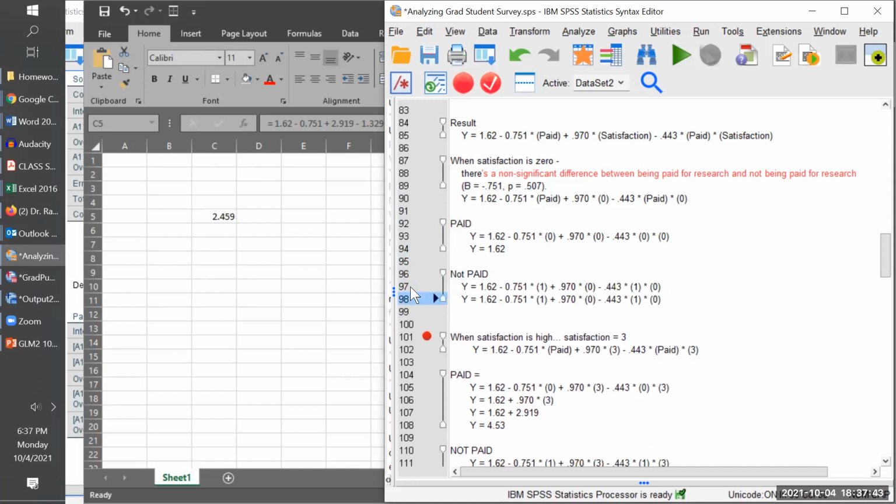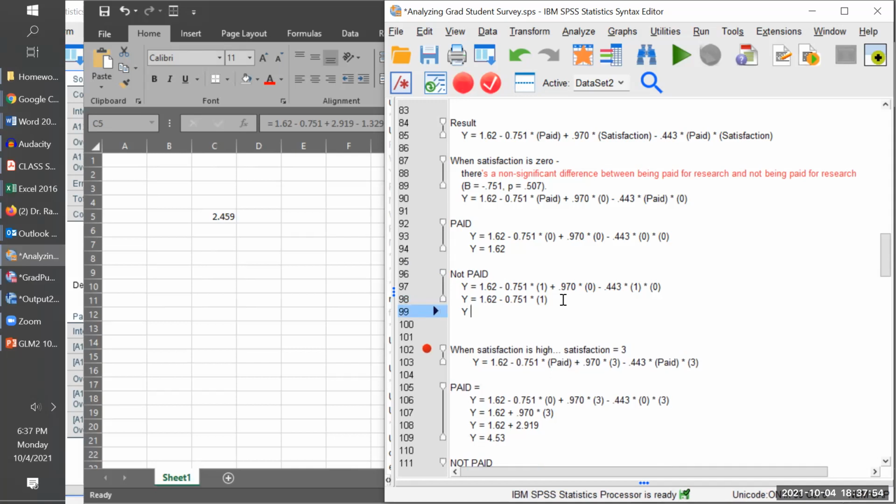But this one's still going to cancel out. And we end up with this as our relation. Y equals 1.62 minus 0.75, which is just less than 1. Okay, so now we have our 4 points.